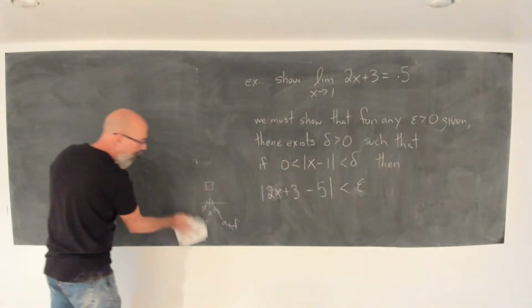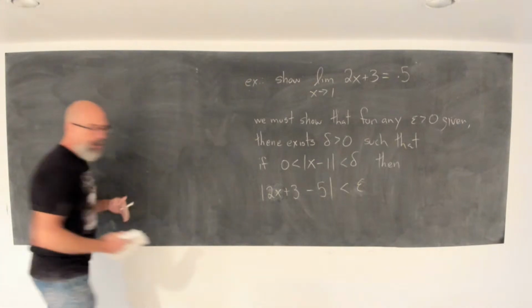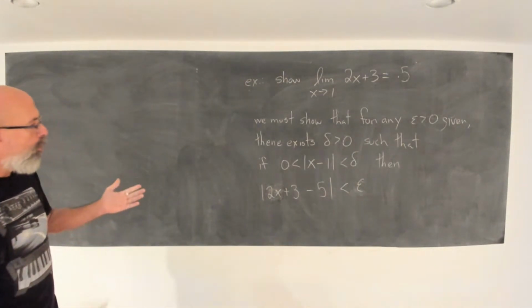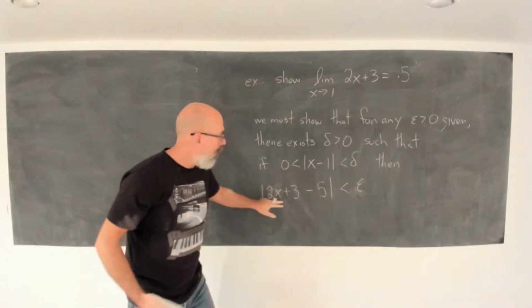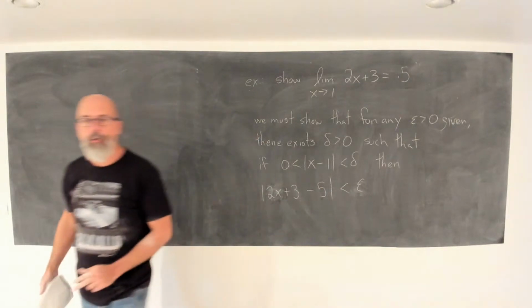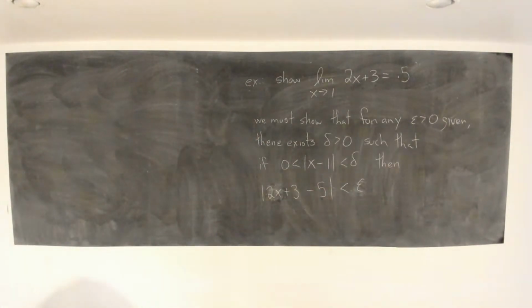But geometrically, the delta represents how close you have to be to a in order for your function to be close to 5. How close? Epsilon close. It's the error.